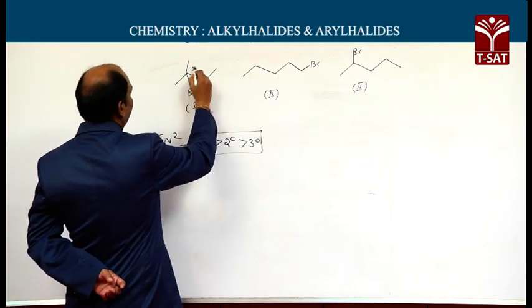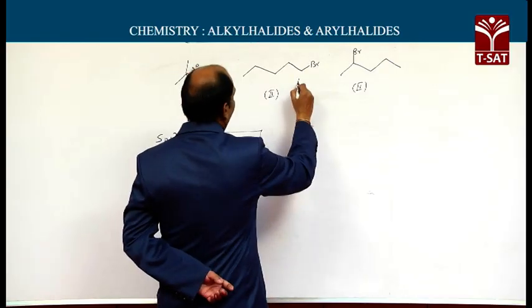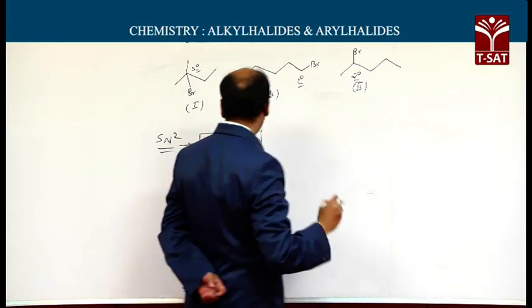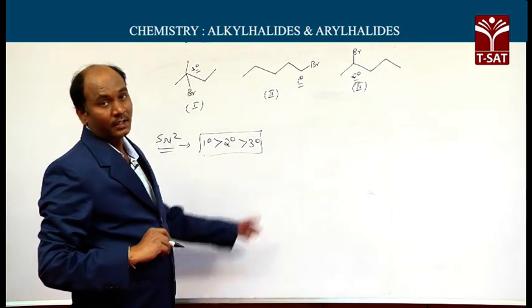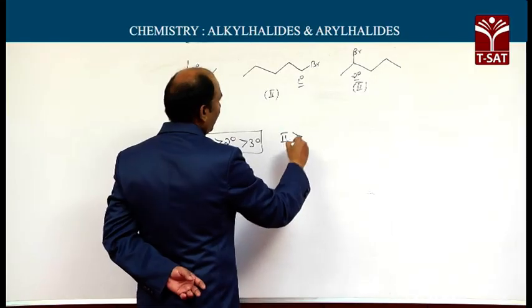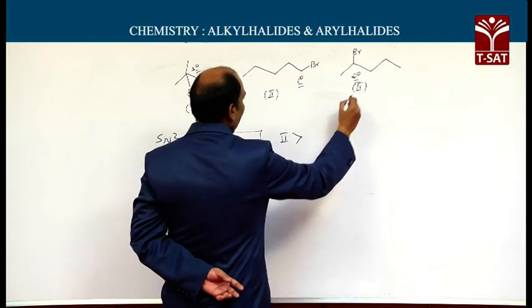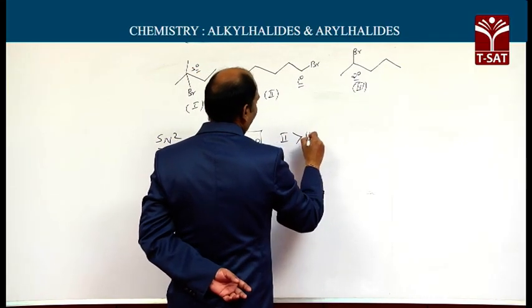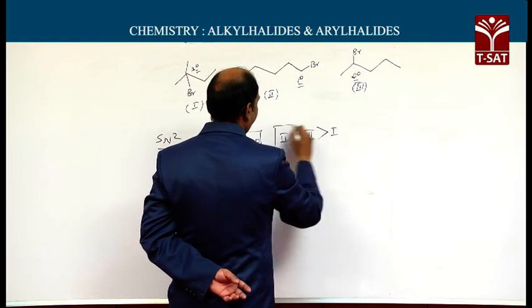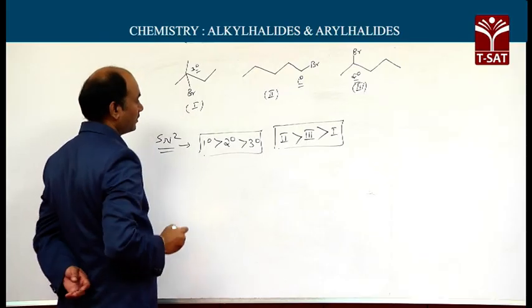This is a tertiary alkyl halide, this is a primary alkyl halide, and this is a secondary alkyl halide. Which is more reactive here? Primary is more reactive. Therefore, the second one is more reactive than the third one, and the third one is more reactive than the first one. This is towards the SN2 reaction.